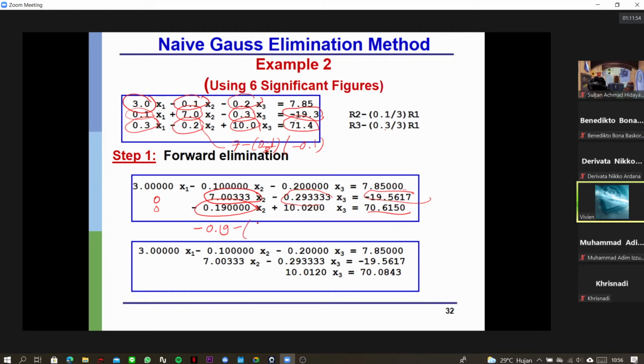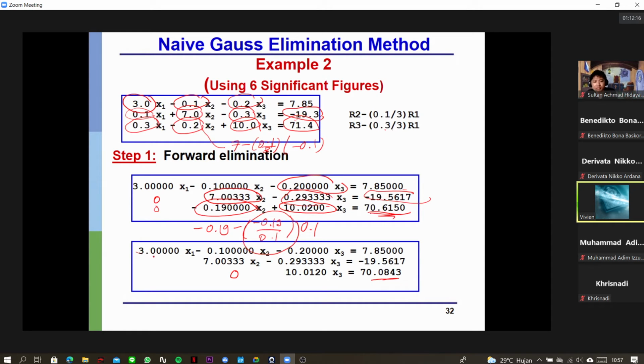So this will be minus 0.19 divided by 0.1 times 0.1, which will be equal to 0. We do the same for the third element, subtracting the row multiplied by this factor, and again for the right hand side.